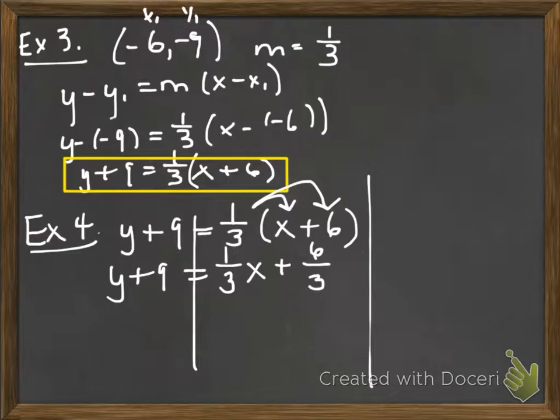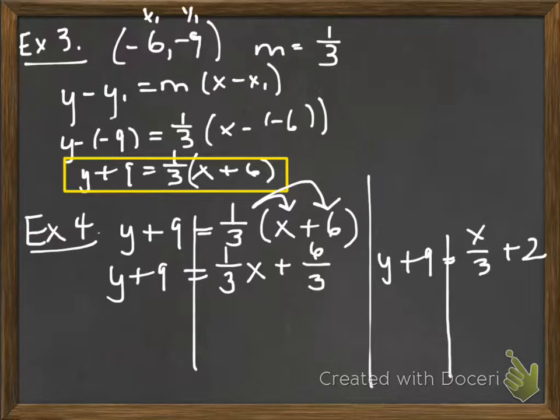No, we're talking about the other side. We didn't do anything to the other side yet. We have not done anything to the y plus 9 yet. On the other side, if I divided everything by 3, I get y plus 9 equals x divided by 3 plus 2, because 6 divided by 3 is 2.